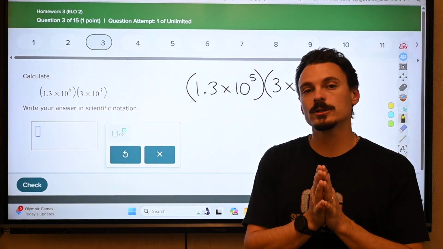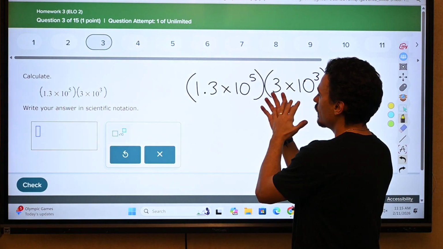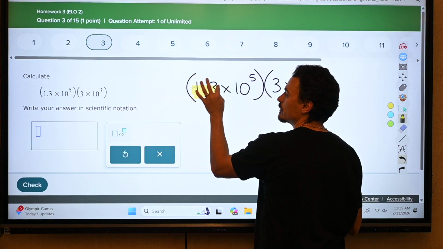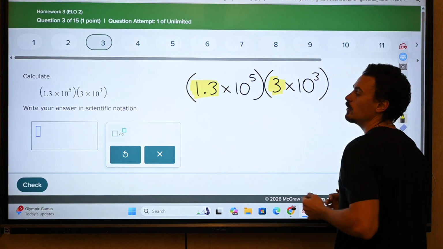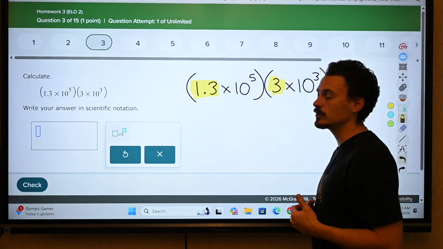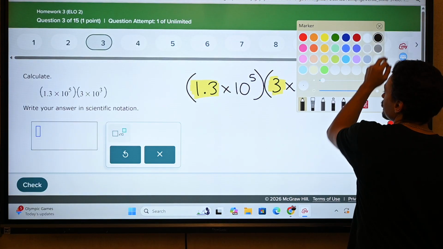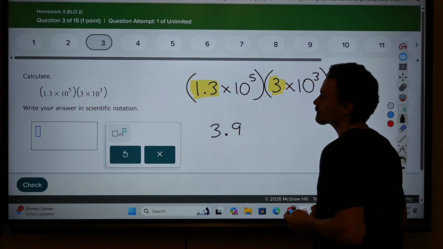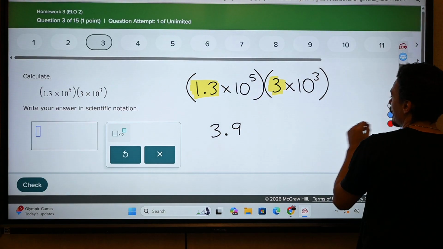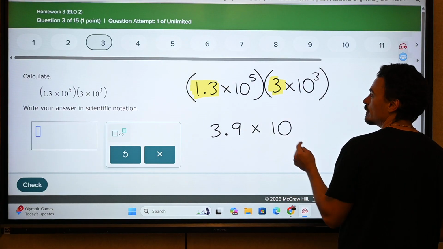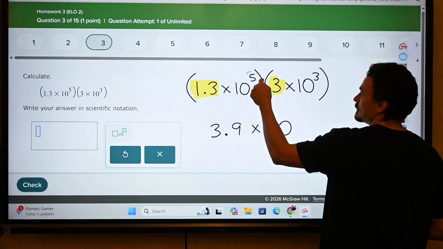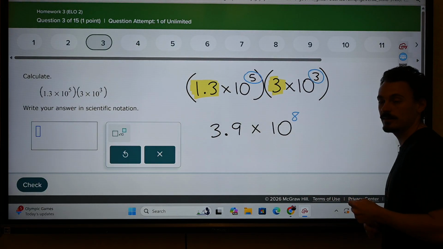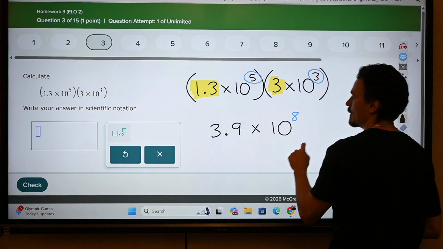Whenever you have an expression that is multiplying a bunch of factors, like here is a factor and here is a factor, you can just multiply those like factors. So here, I could do 1.3 times 3, which is 3.9. Then I have times 10 to the 5th and 10 to the 3rd, so that makes 10 to the 8th. And this is my answer.